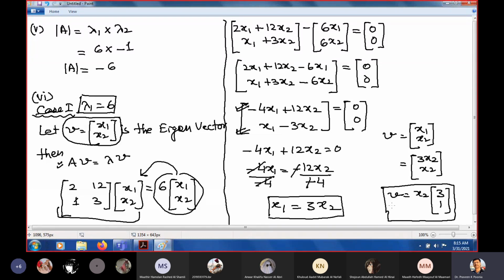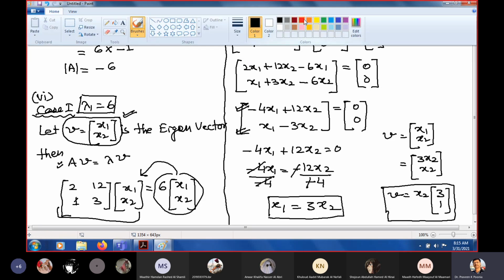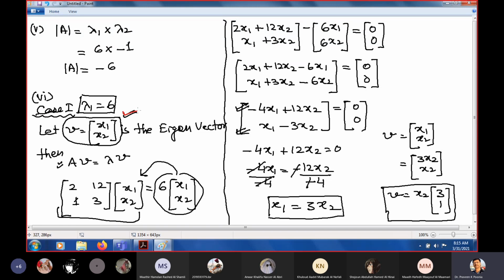It is not difficult. It is very, very easy. How are we doing it? First, let v be equal to this. Then choose this equation, A v is equal to lambda v. Then put the values of A, lambda, and v, multiply and simplify.